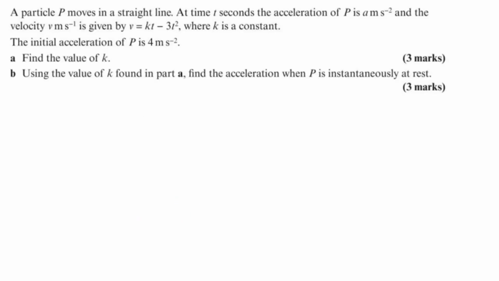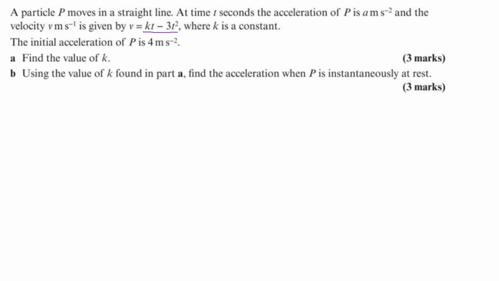Now let's take a look at this one. A particle P moves in a straight line. At time t seconds, the acceleration of P is a, and the velocity v is kt minus 3t squared, where k is a constant. The initial acceleration is 4, so find the value of k. Right, okay.